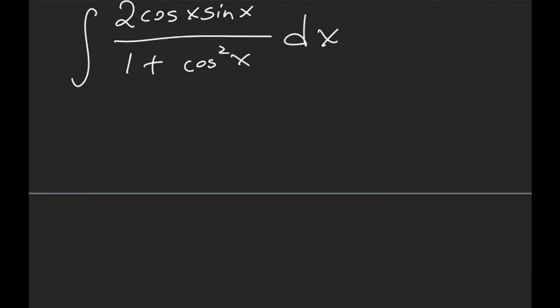So now we have to pick a u and du. Where can we find a u such that its derivative is present in the function?